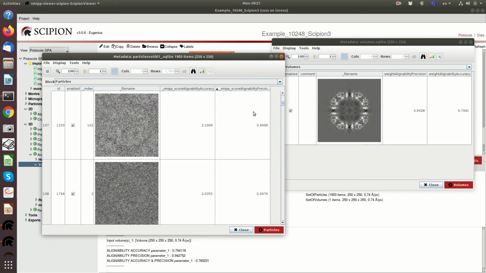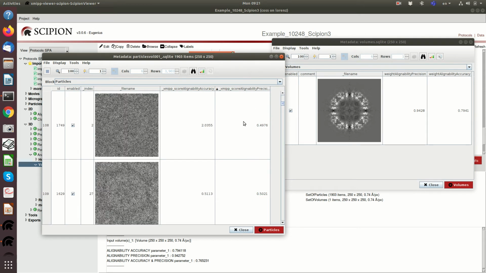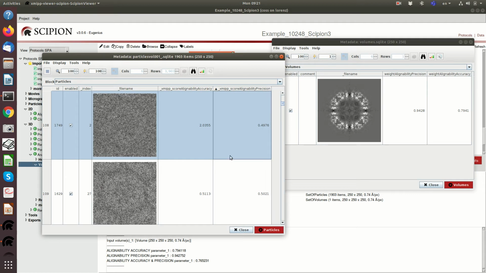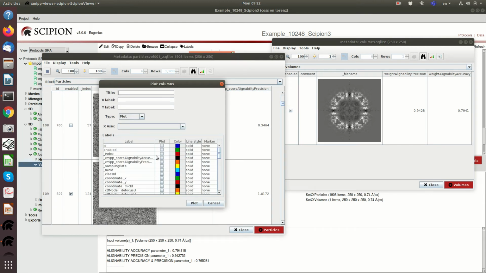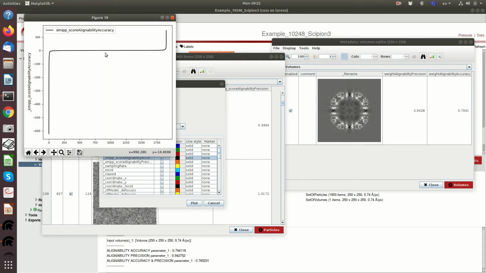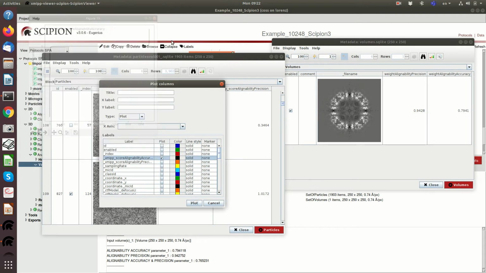They are here, and up to this point you are not sure about the angular assignment, and the same for the accuracy. Again, you have the 0.5 that has some theoretical meaning.